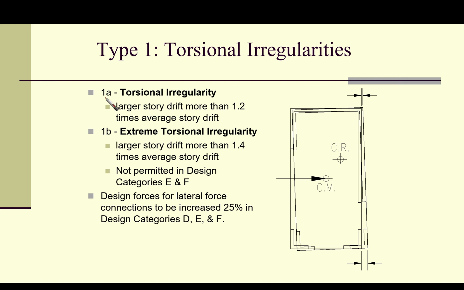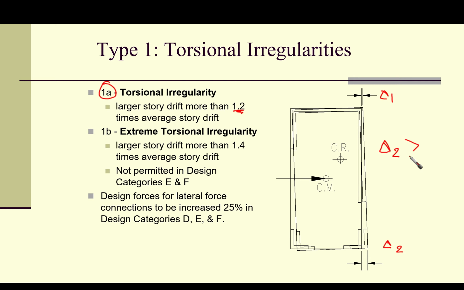For the torsional irregularity, 1A, the larger story drift is more than 1.2 times the average story drift. Let's assume that we have a plan like this and we have one drift at one corner and another drift at the other corner. Whenever we are talking about 1.2, we need the largest one, which seemingly is delta 2 here.